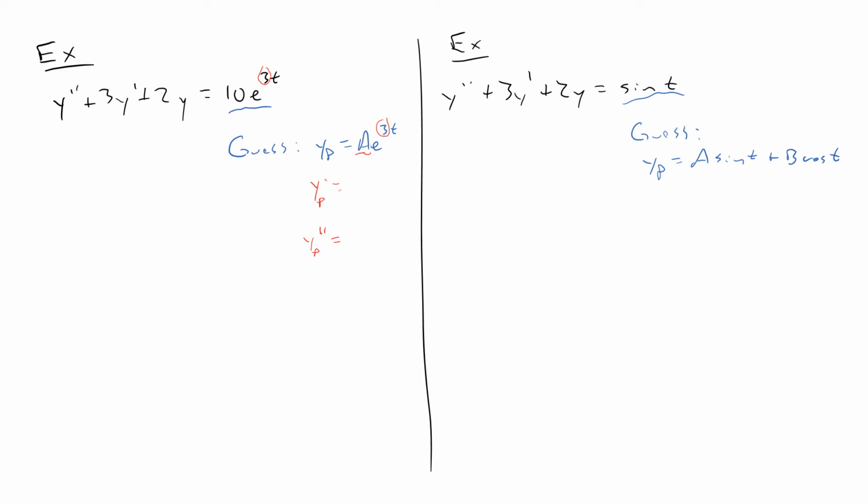But in this case, there's no number there. So we just have a plain old sine of t on the right hand side, and so we're probably going to have something involving sine of t and cosine of t for our solutions. So this is our guess, and again, we just write down yp prime, yp double prime, and put everything into this differential equation and see if you can find numbers a and b that make this all work out.